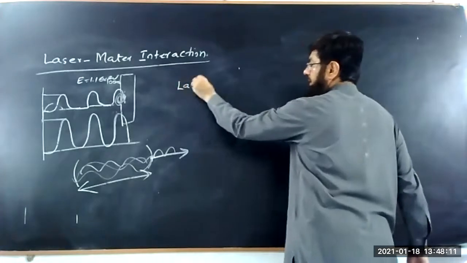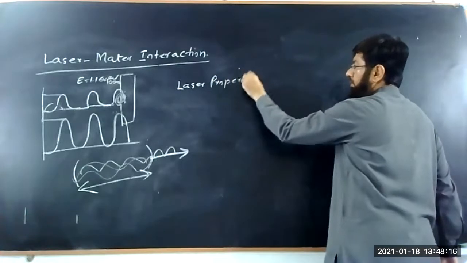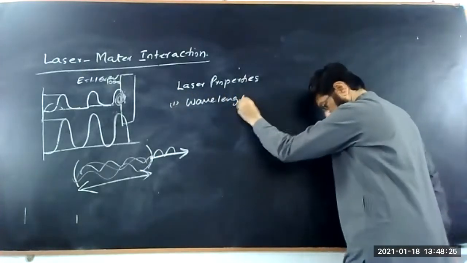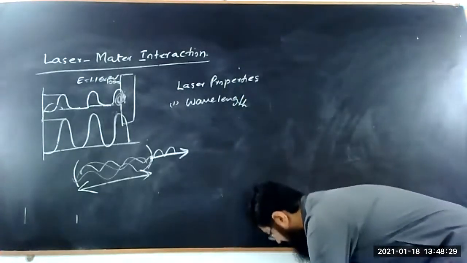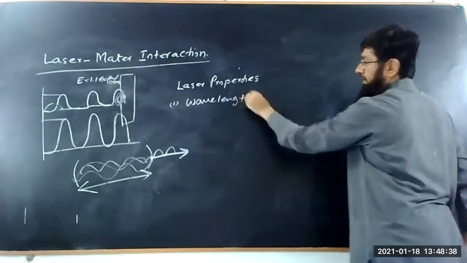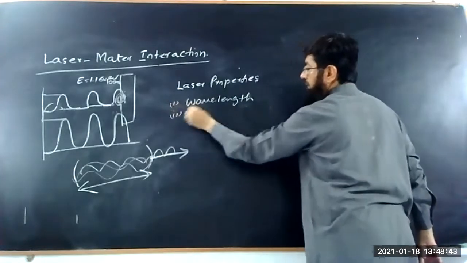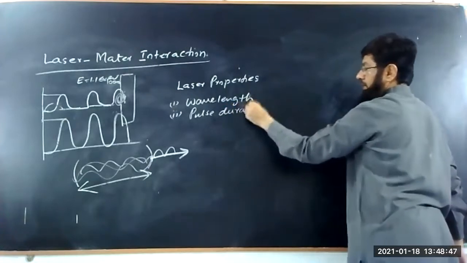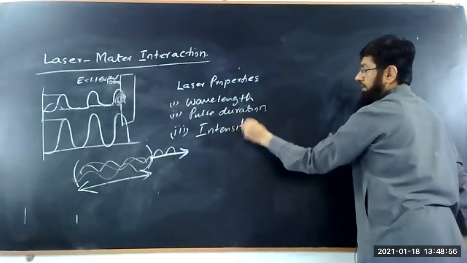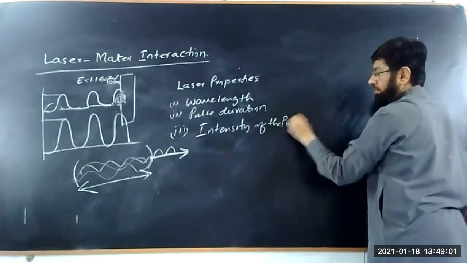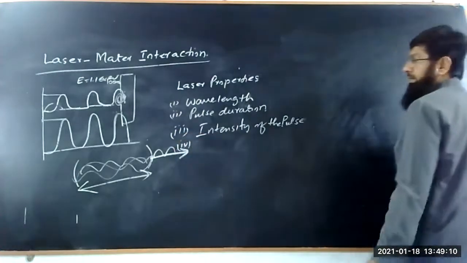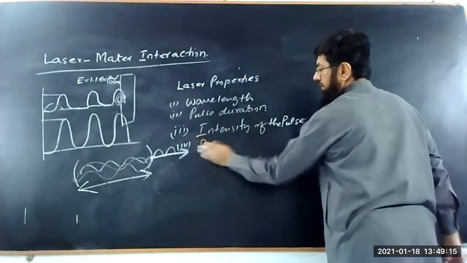the laser properties. Number one is the wavelength, number two is pulse duration, number three is intensity of the pulse, and number four is repetition rate, or number four is not necessary.